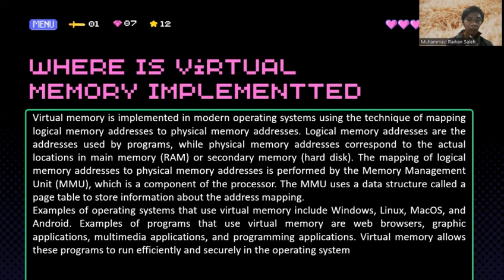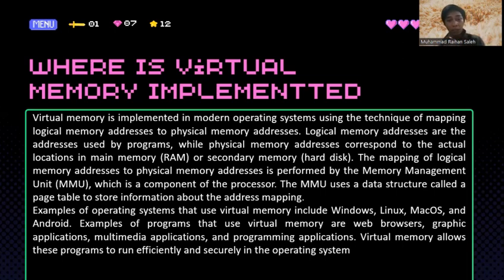Examples of operating systems that use virtual memory include Windows, Linux, Mac OS, and Android. Examples of programs that use virtual memory are web browsers, graphic applications, multimedia applications, and programming applications. Virtual memory allows these programs to run efficiently and securely in the operating system.